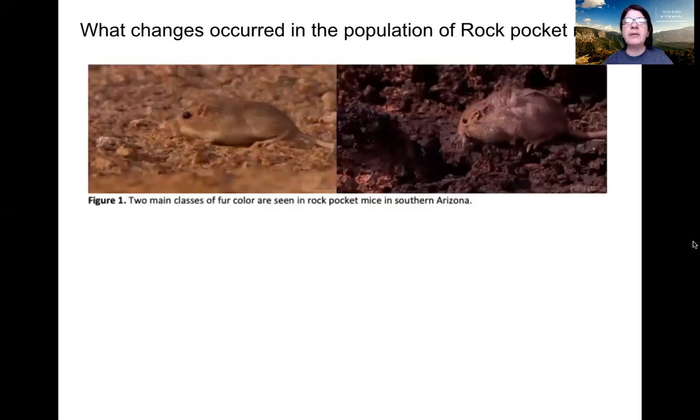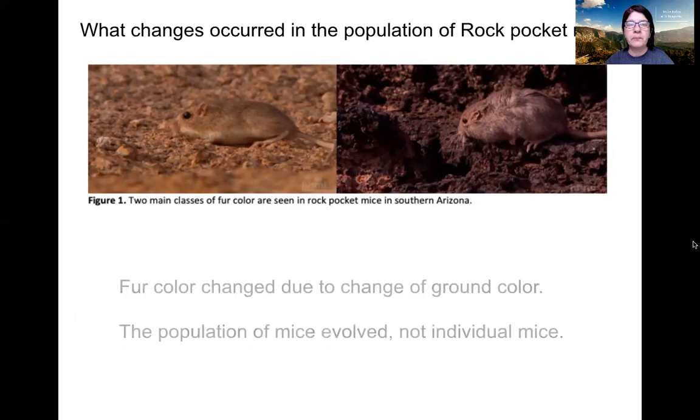Similarly, we completed the rock pocket mouse activity. And you see here a picture of the two main classes of fur color in southern Arizona. So what changes occurred in the population of the rock pocket mice? Again, pause the video and answer the question. The changes were that the fur color changed due to change of the ground color.